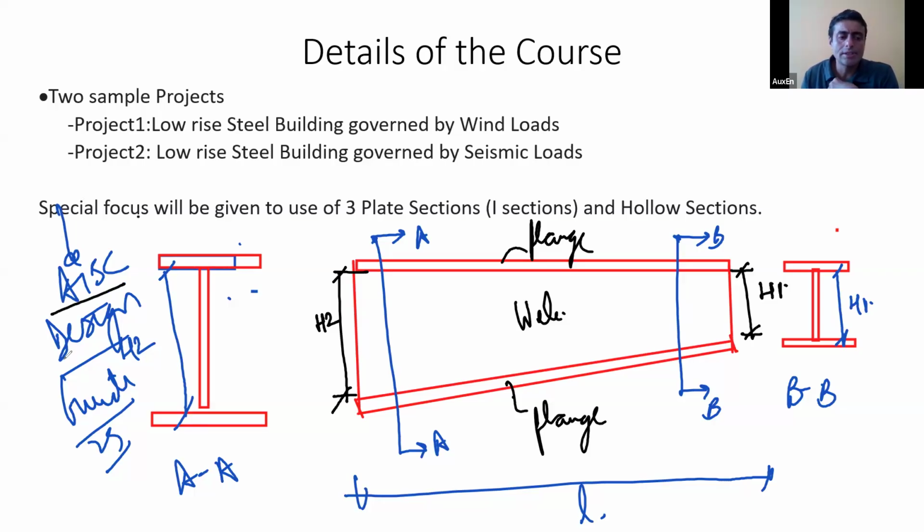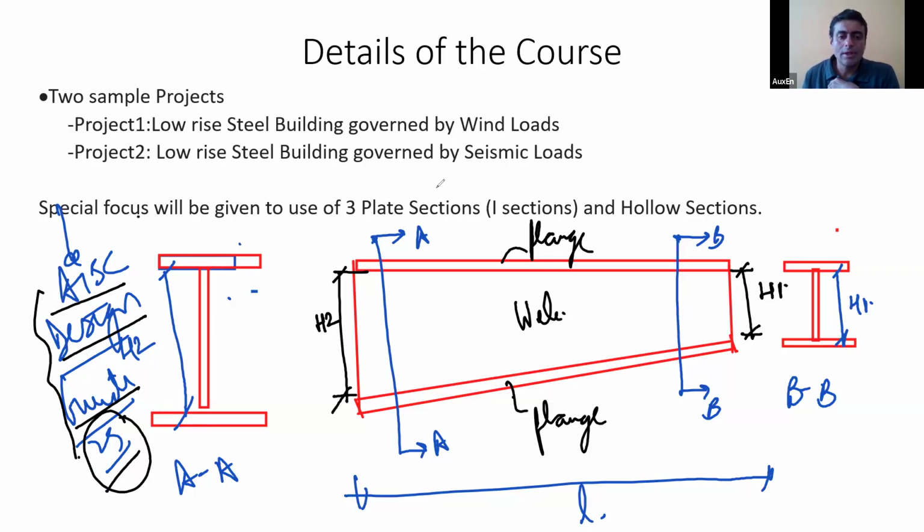There are, I think, 40 such design guides. Most of them are available to download from websites like Scribd, academia.edu or PDF Coffee. So AISC Design Guide number 25 covers the design for web tapered sections.